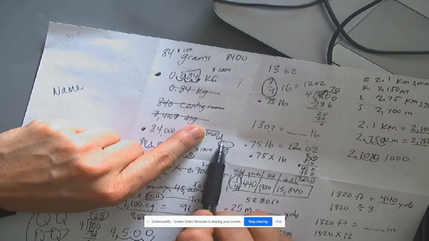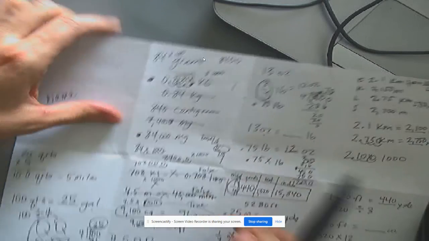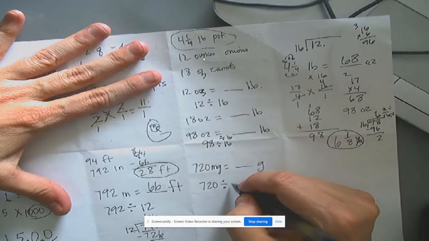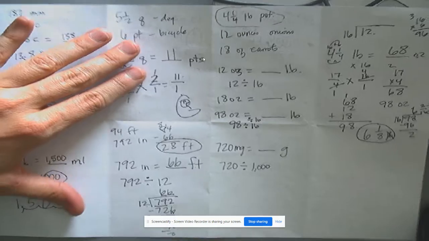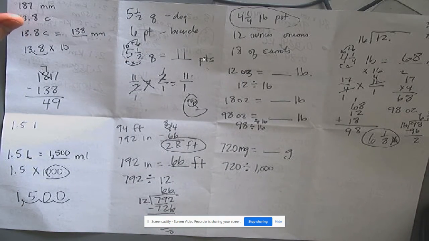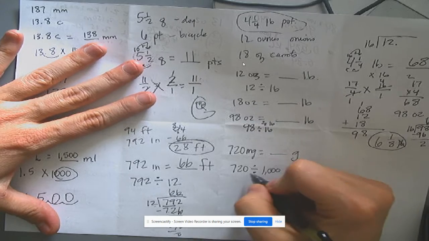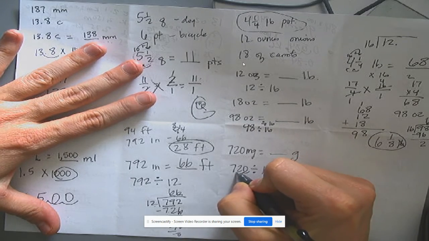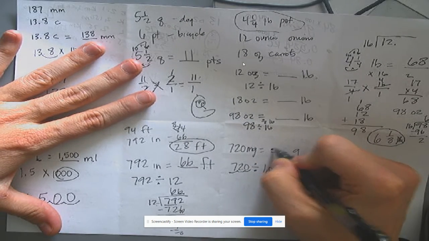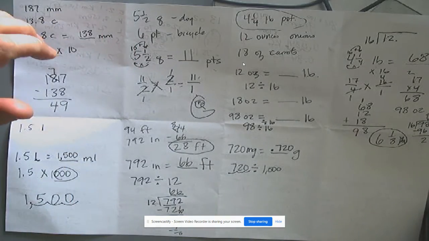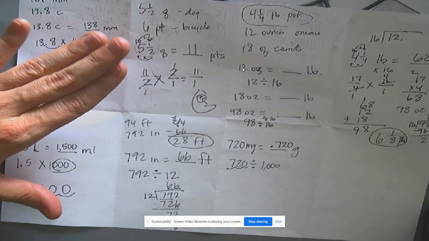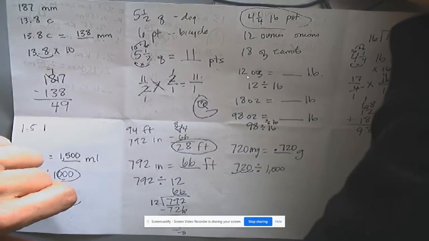Milligrams is right there. 1, 2, 3. So we're dividing by what? We're dividing by 1,000. Well, we know when we divide, it gets smaller, so we're going to move our decimal to the left. 1, 2, 3. So 720 milligrams equals 0.72 grams, or 720 thousandths of a gram.